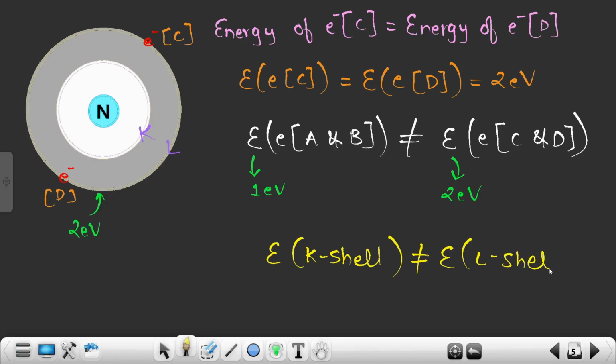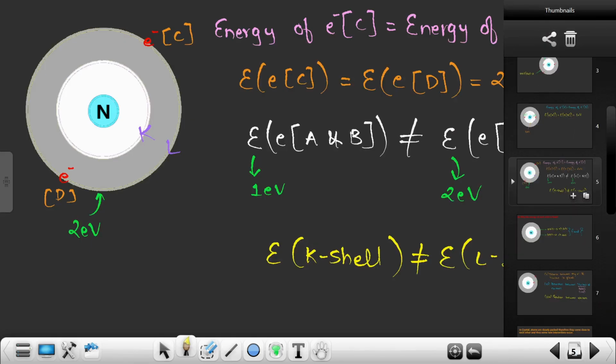So these are a few of the things that we concluded over here. I hope you are able to understand this up till here, and let me add a few of the points that we had concluded.